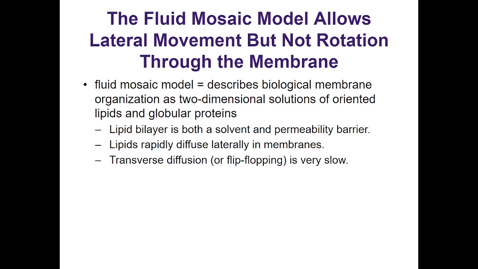The lipids are going to rapidly diffuse laterally in membranes. Your transverse diffusion, which is the flip-flopping between the two layers, is very slow, okay? That is far, far slower than the lateral movement, right? Because remember, you have to overcome the hydrophobic and hydrophilic energies to do that, right?